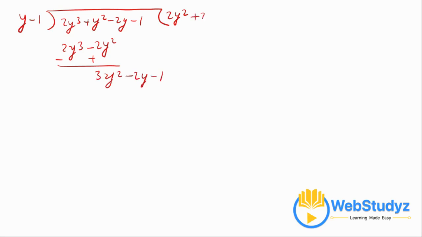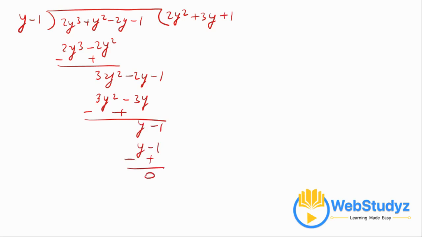Now again dividing by 3y times, this will be 3y square minus 3y. Subtracting this we get y minus 1. Now again dividing it by 1 times, this will be y minus 1. So this will be 0.